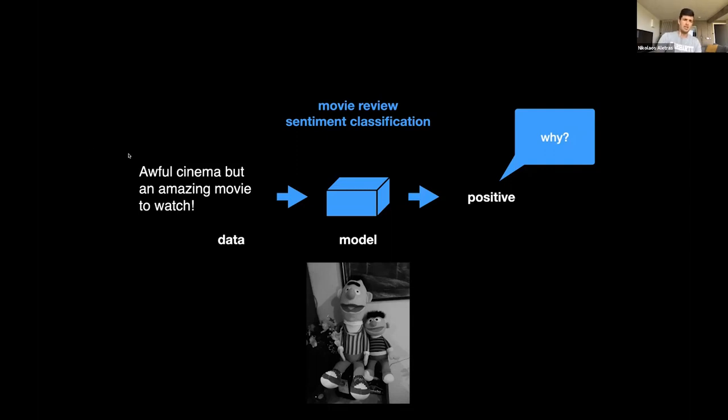You can see here that it might easily predict a negative review if the aspect was about cinema, but a good reason for predicting the positive sentiment, if you are a human, you could say, well, because we have the word amazing and the word movie here, that might be a good indicator of the positive class. So we want to extract this subset of the input that contributed to a particular prediction.